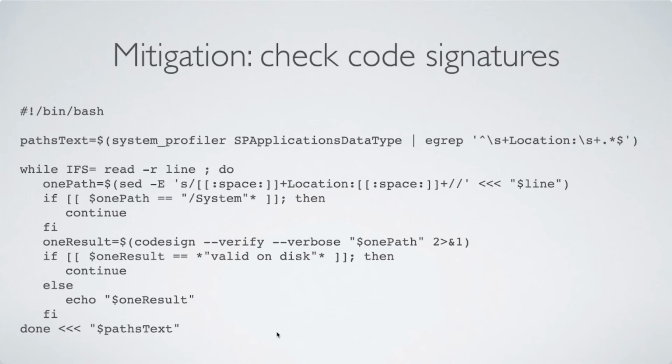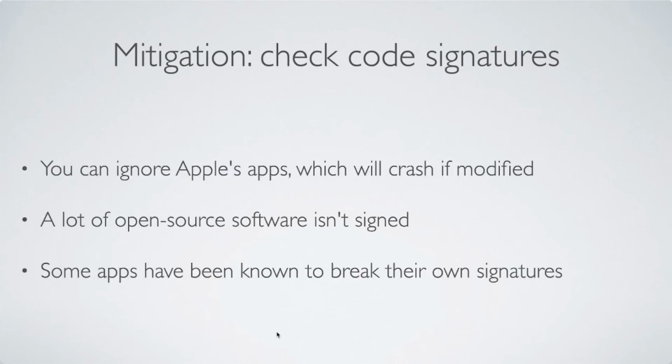And if you're looking at this data fairly regularly, you can see when something becomes invalid that was previously valid. And that's a good tip-off that something might be going wrong. Now, if you do decide to do those checks periodically, one piece of advice is that you can ignore Apple's apps.